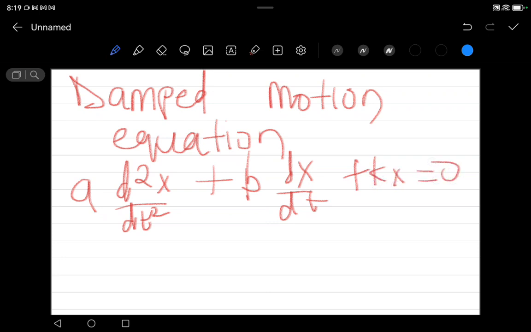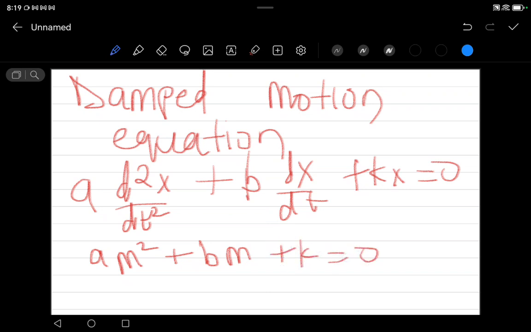Okay, so here we're going to use the quadratic formula to solve for m. So here let's say we have a constant, which means it's going to be a constant m squared plus a constant m plus k equals 0.